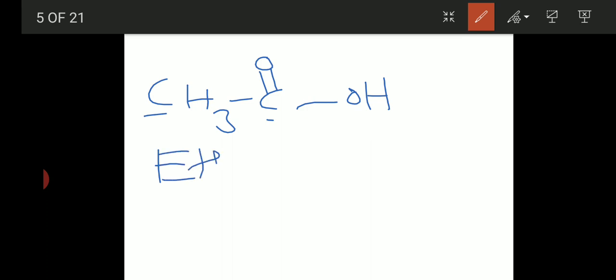Take this example, CH3COOH. As we have discussed in the previous session on the nomenclature of carboxylic acids, 2 carbons, eth, carbon-carbon single bond, ane, and carboxylic acid COOH. For COOH, the secondary suffix is oic acid. So in place of e, we write oic acid. Then what will be its name? Ethanoic acid.